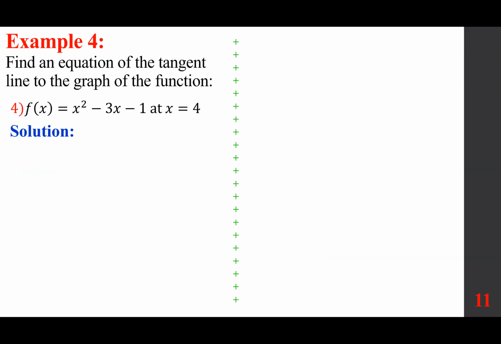Now that we have learned the easy way out, if we are finding the equation of a tangent line, we are going to do the same thing. In order to find the equation of a tangent line for the function f of x equals x squared minus 3x minus 1, we need two things. We need a pair x comma y, and we need the slope. So let's discuss the pair.